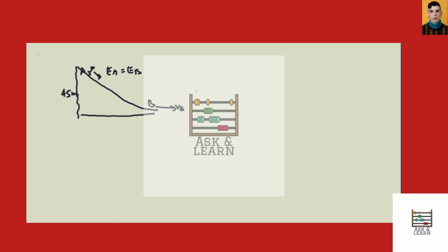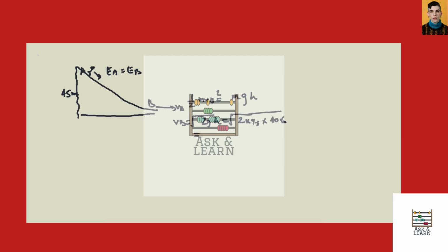So therefore, at this point, the total energy is half m VB squared, and the total energy is only gravitational potential, which is mgh. And m cancels, and we get the velocity as equals to square root of 2gh, which is equals to square root of 2 times 9.8 times 40.6.